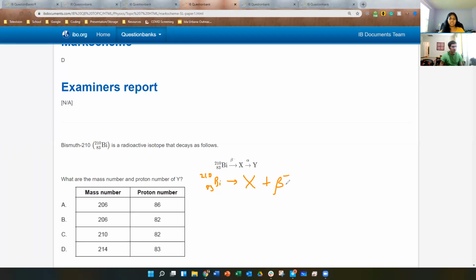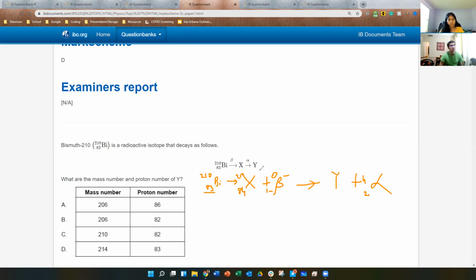That's 0, minus 1, and beta has 0 mass, right? Beta minus has 0 mass. So then that should also be 210, and this will be 84, I believe. Then that'll go to Y with alpha decay, which is 4, 2. And then we still need a total of 83.